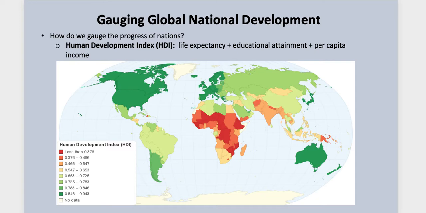Notably, this doesn't include anything about environmental issues or quality of life, perhaps. But this is purely measuring development through the length of your life, how much education individuals get, and how much income is earned. And here again, you see the United States and Europe and Australia, parts of South America, Argentina, Chile, doing much better than the rest of the globe.